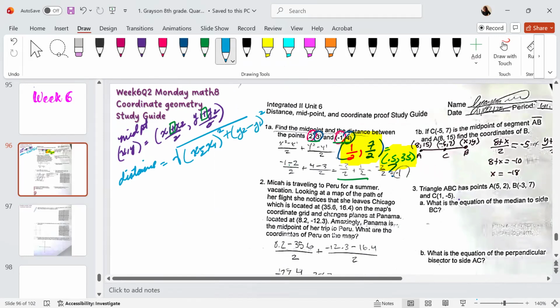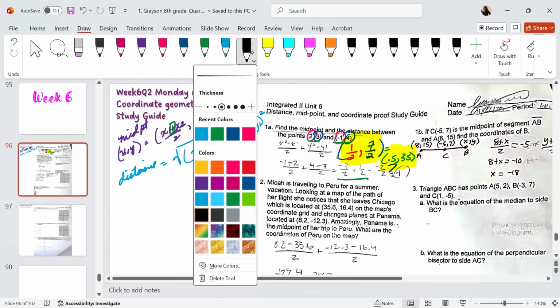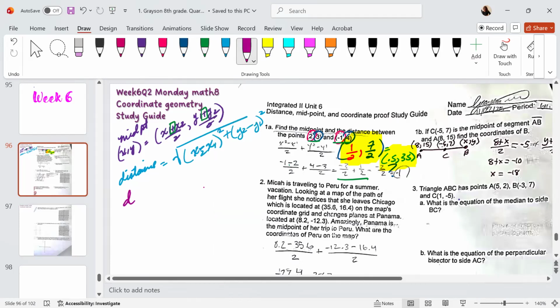Explain how you find the distance for number 1. Explain to me what you did. Did you do it? Well, then go ahead and do it then.